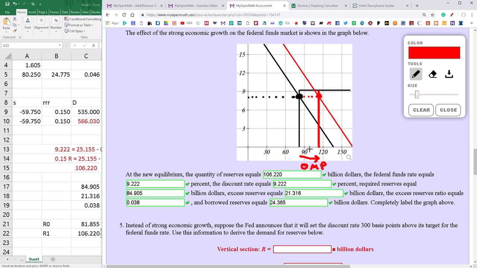It's not going to make a discount loan. It's just going to increase the amount of reserves by purchasing bonds from banks. Okay, we'll get into that later on. We talked about that in the notes.